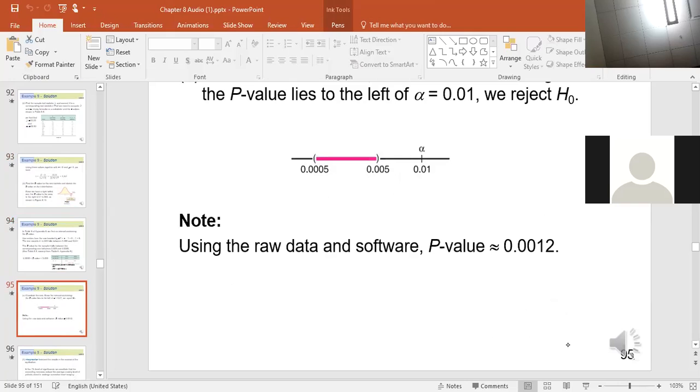Your book is using an estimate for the p-value because it's expecting you to use a table. Table cannot compute anything. Table is fixed. So when you are using a table, you can only find an estimate for the p-value.